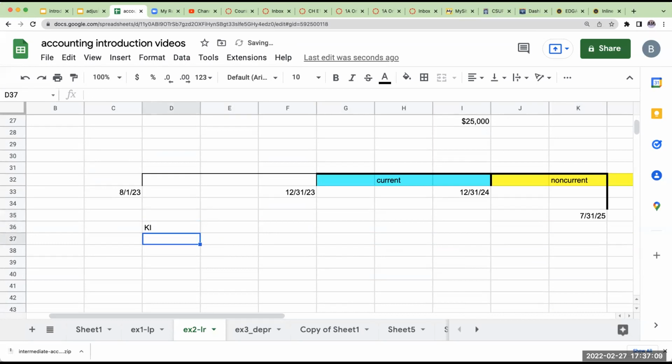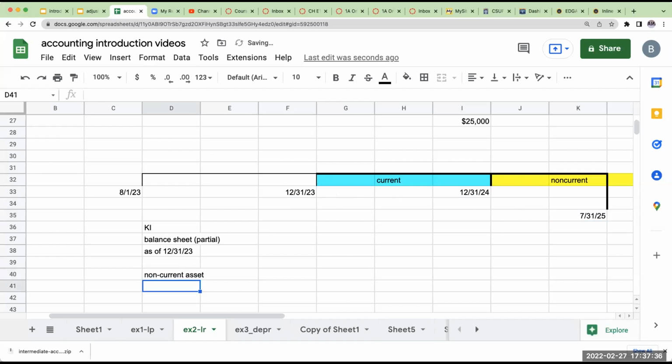So right over here, KI balance sheet partial, as of 12/31/23. So I'm not going to receive the money from this loan until July 31st, 2025. In order for the asset to be current, I have to receive it by December 31st, 2024. So therefore, the way I'm going to show this is going to be a non-current asset.